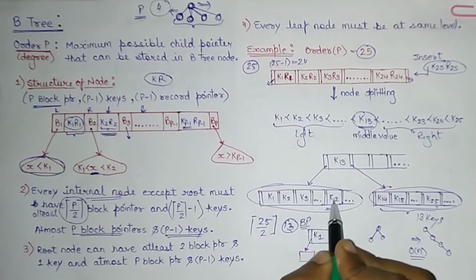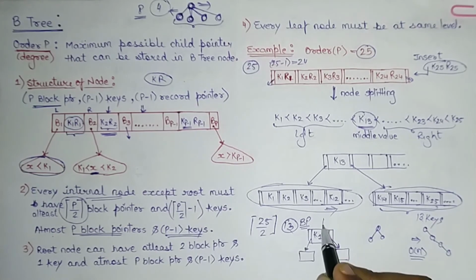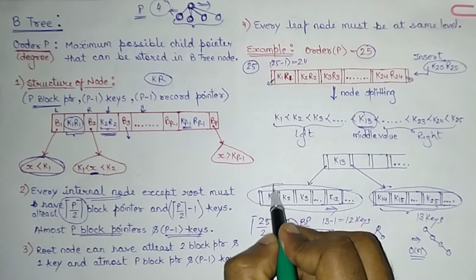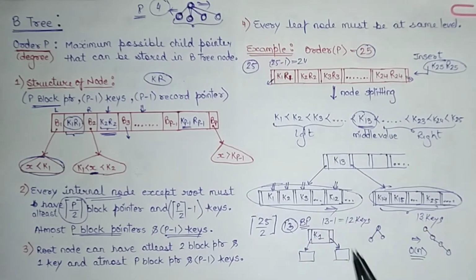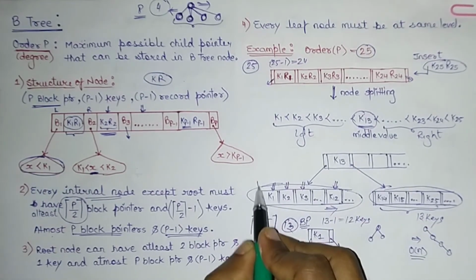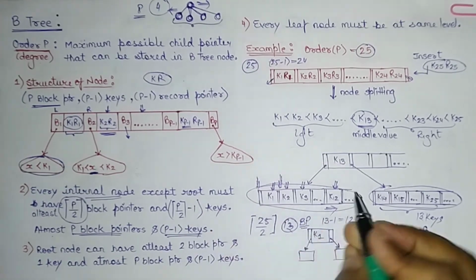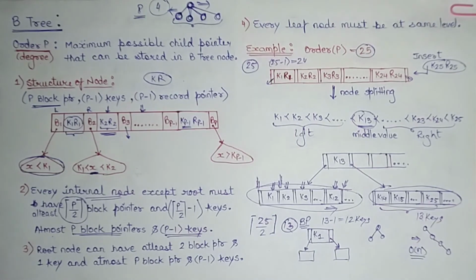So p by 2 minus 1 keys, that means 13 minus 1, that means there has to be 12 keys and 13 block pointers. So you can see that we have 12 keys and 13 block pointers, like one is this, one is this, that means one on the left-hand side plus one on the right-hand side. So overall we will have 13 block pointers.